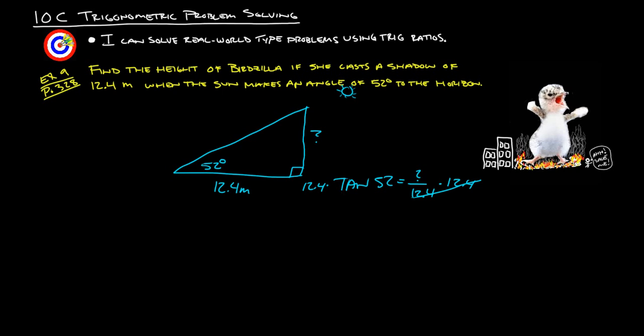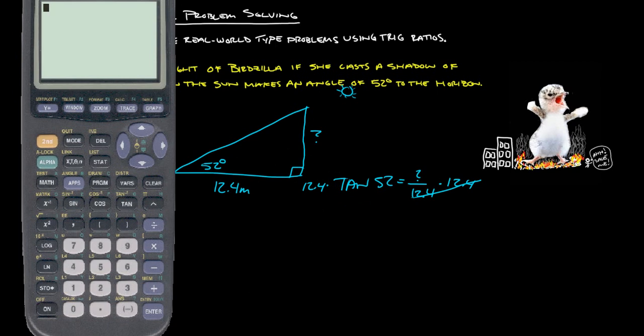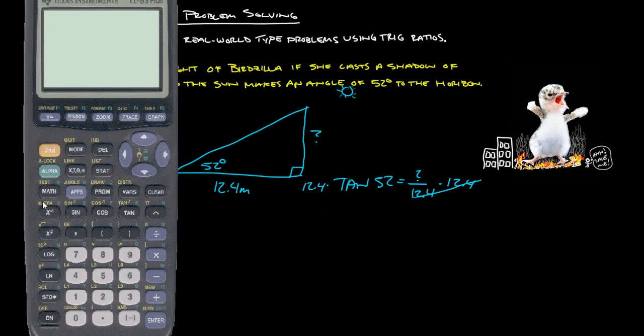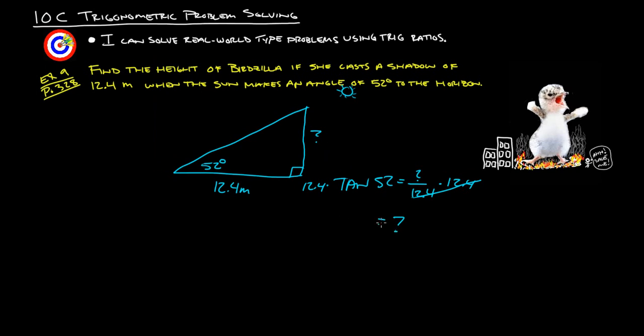Let's bring up our calculator: 12.4 times tangent of 52, and we get 15.87 meters. So question mark equals, let's do 15.9 meters.